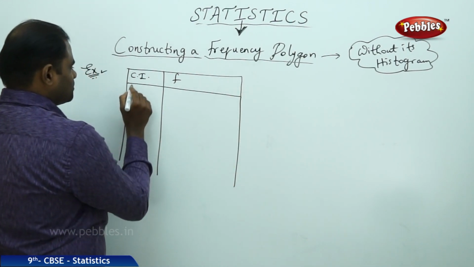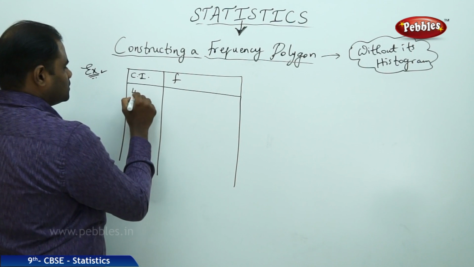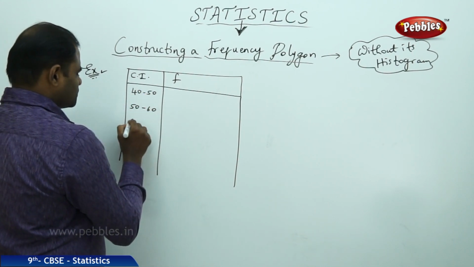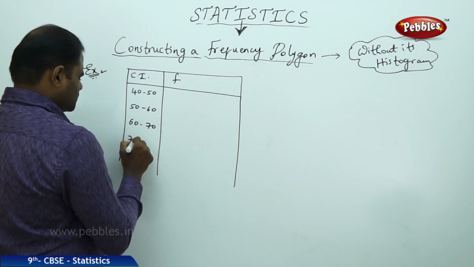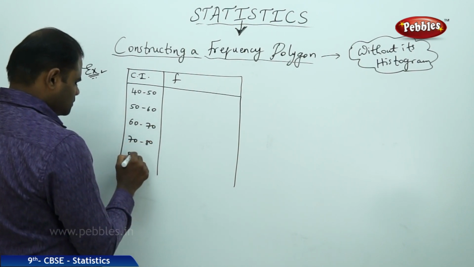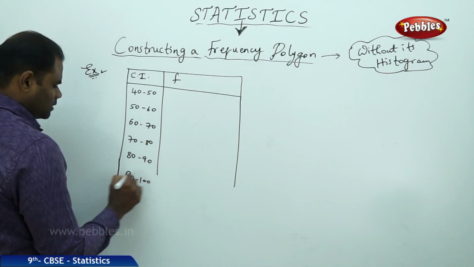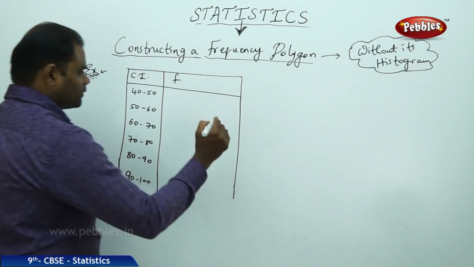Say my class intervals are the marks ranges 40 to 50, 50 to 60, 60 to 70, 70 to 80, and 90 to 100.